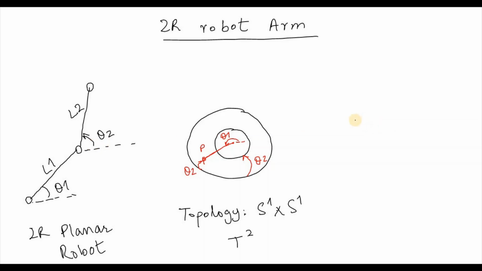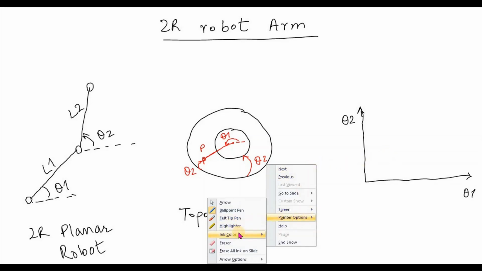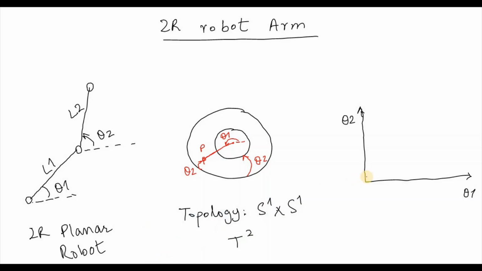So if we draw its configuration space, we have theta 1 on one axis, and on the other axis we have theta 2. The robot can start from 0 and go till 360 degrees for theta 1, or you can say 2 pi.